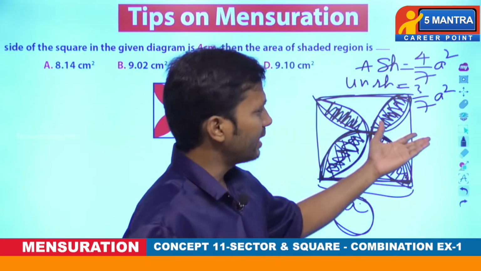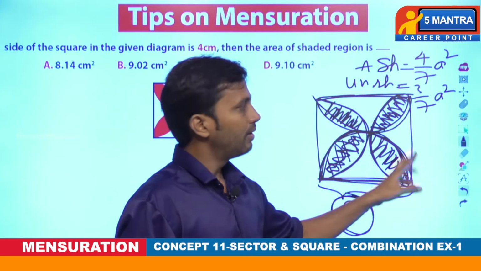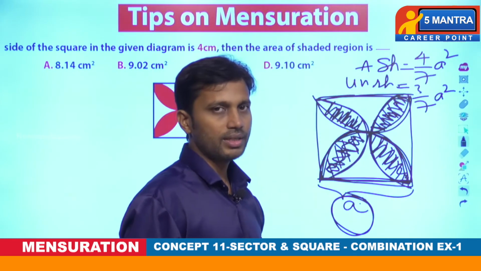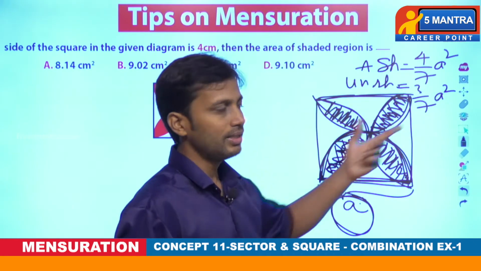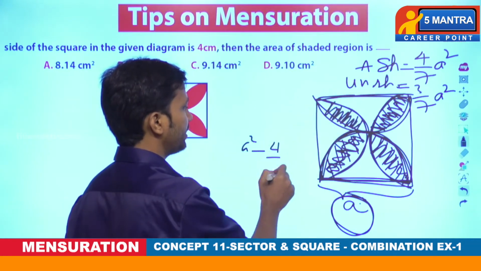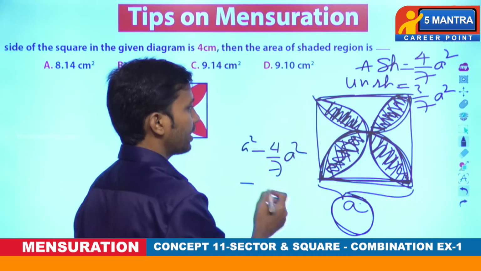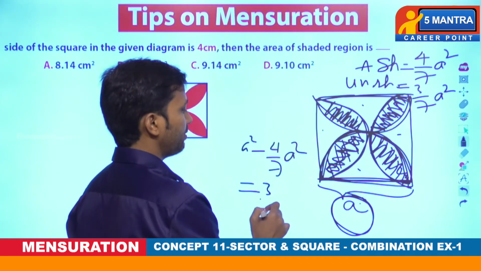I mean nothing else is there. A square is the total area of the square, where the shaded region is 4 by 7 A square. If you subtract the shaded region, the flower part, from that A square, then the remaining part would be this much. Taking LCM, 3 by 7 A square.